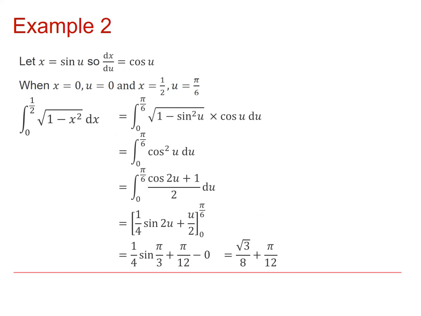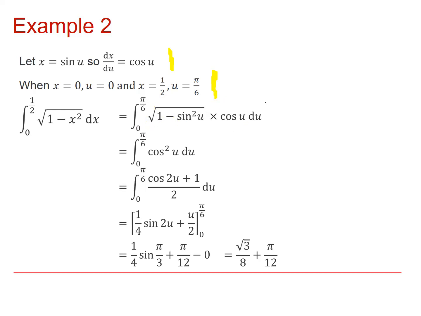And again, there's that worked through in its entirety. So here we've got the substitution and the transformation of the limits. Don't forget that. I've done the substitution and used the new limits.